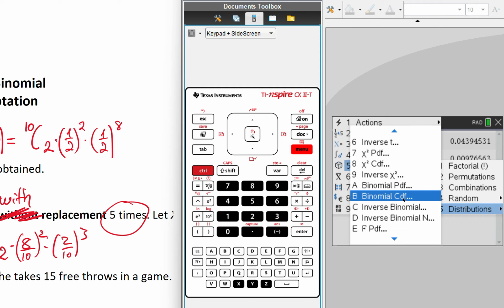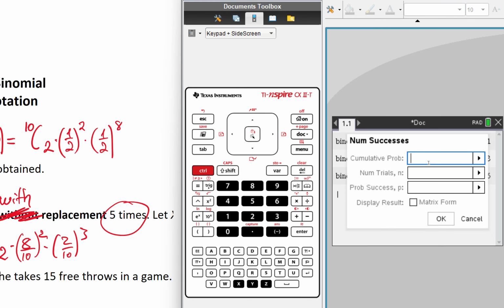Be careful, it's 1 down from the screen you see, so it's a little bit hidden. If I choose the CDF, it will ask for the cumulative probability, number of trials, and probability of success. That cumulative probability here has to be a 2. Number of trials, 10. Probability of success, 0.5.